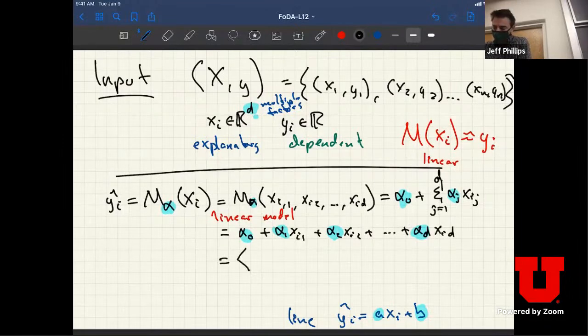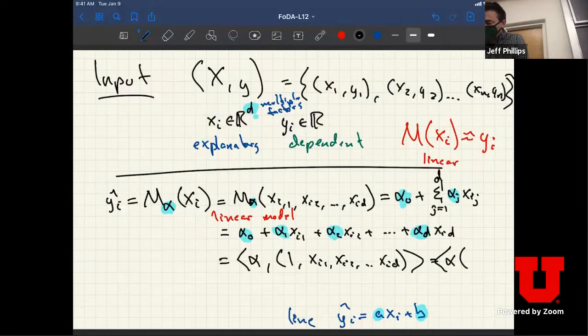The dot product strikes again, where I have alpha dotted with this vector 1, xi1, xi2, up to xid. I can think of this as the dot product of alpha with 1 and xi. I just concatenated these things together.